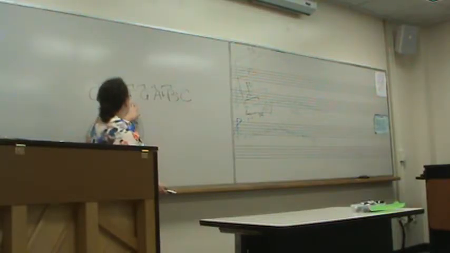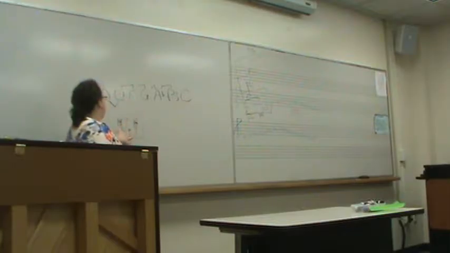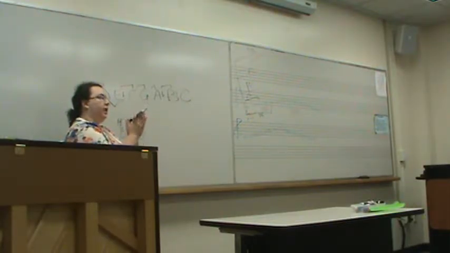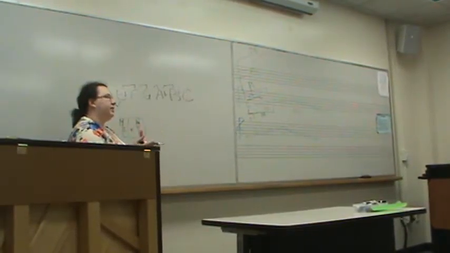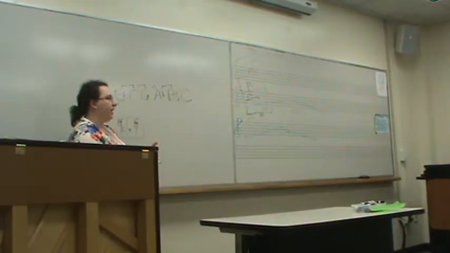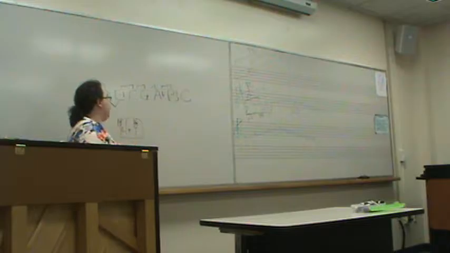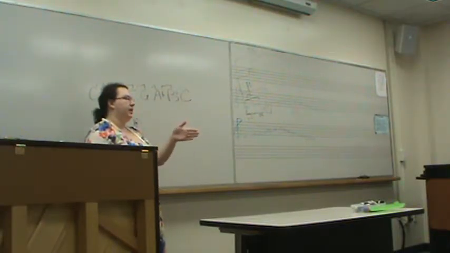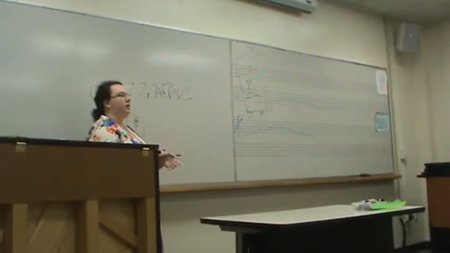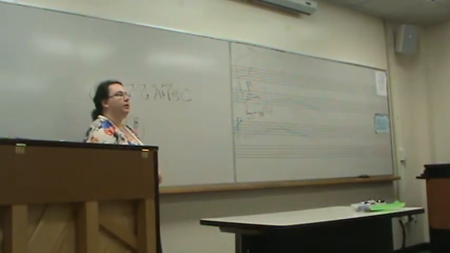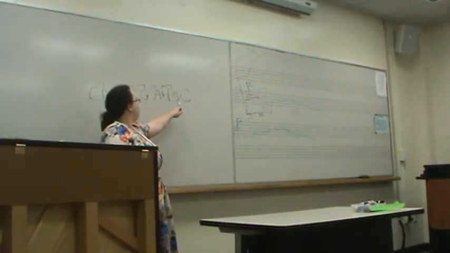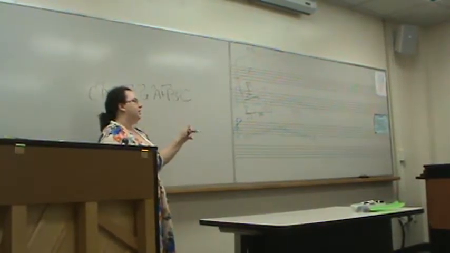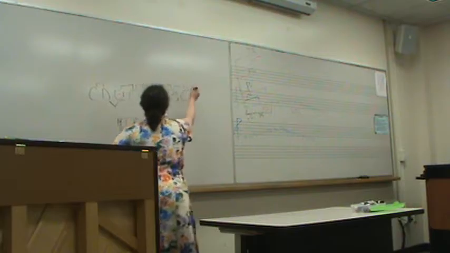In cases like E to F, that's a half step because E and F are two white notes that are a half step apart. So thinking about that might not be the best way because it's not always the same. But in this case, since there's such a thing as A natural, B natural, B flat, A flat, you could think about it that way. Okay, cool, thank you. And last but not least, we do not have a leading tone, so B flat to C is a whole step. Very nice.